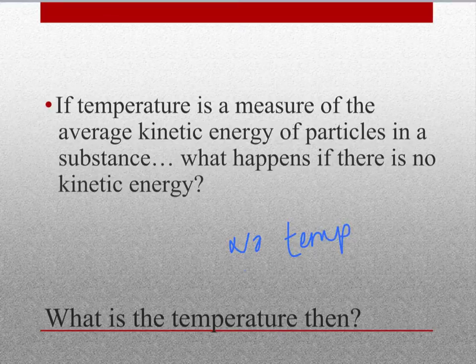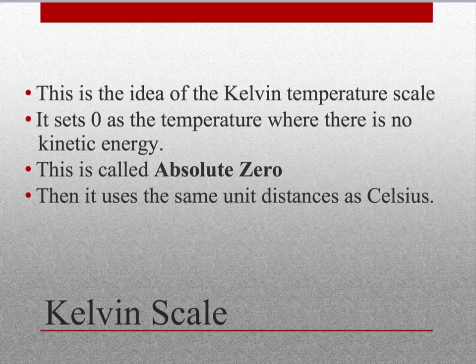Which, if we said we had no temperature, we want to call that 0. Okay, but 0 degrees Celsius is where water freezes, and it still definitely has temperature. So that's how scientists came up with the idea of the Kelvin temperature scale. Kelvin sets 0 as the temperature where there's no kinetic energy, and they call this absolute zero.